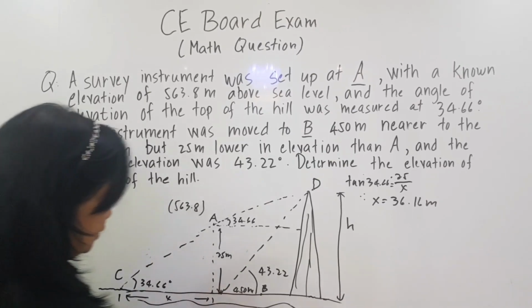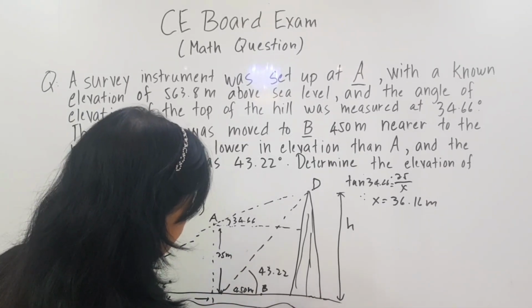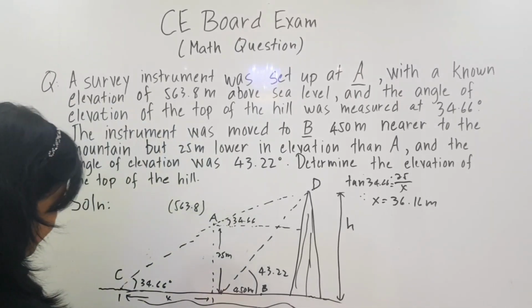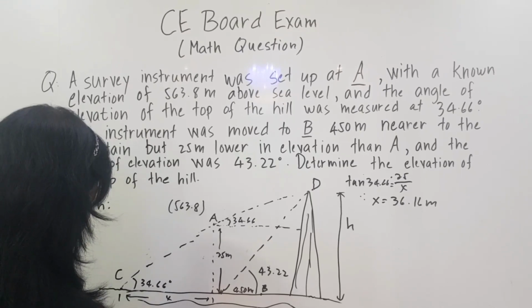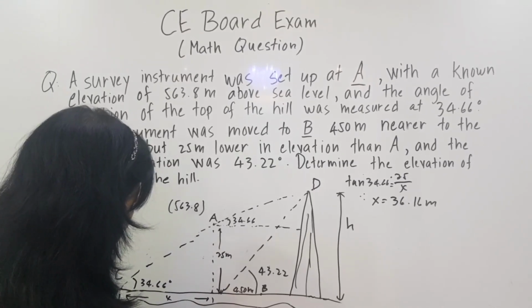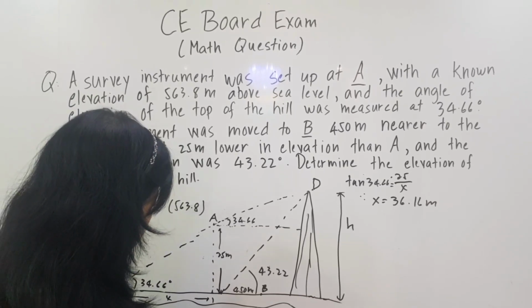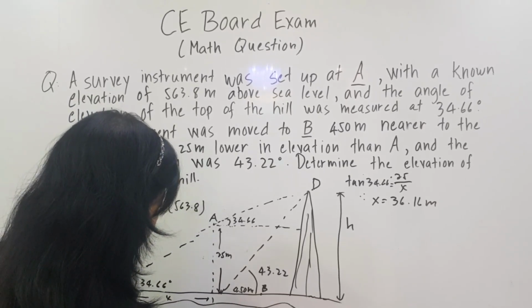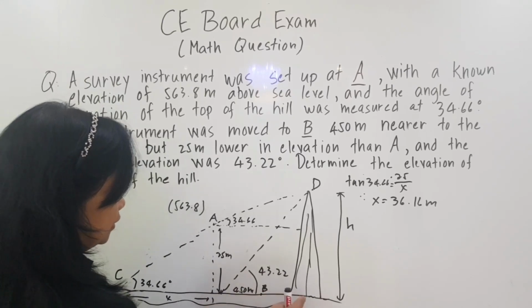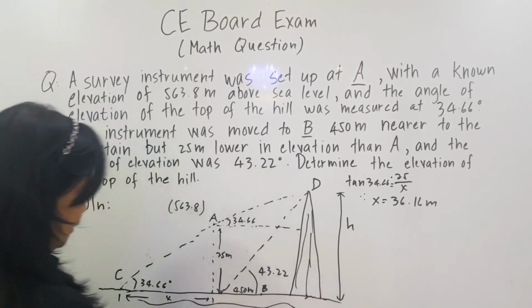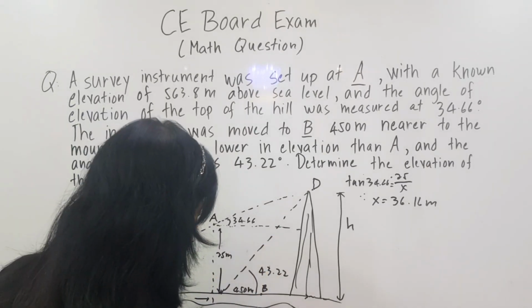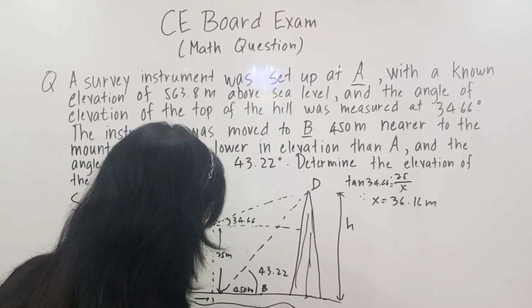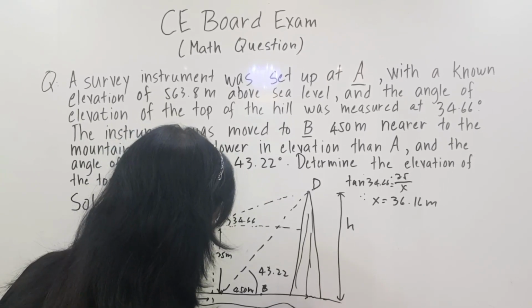If we designate this distance as d, this will be equal to x plus 450, and x is 36.16 plus 450.